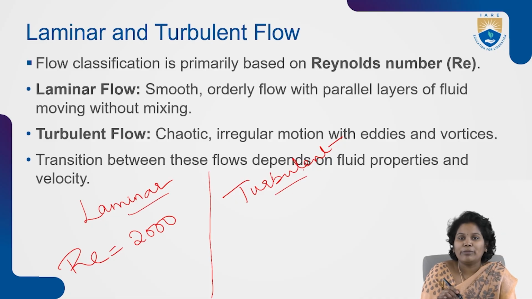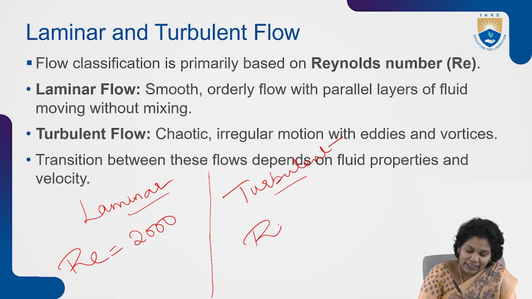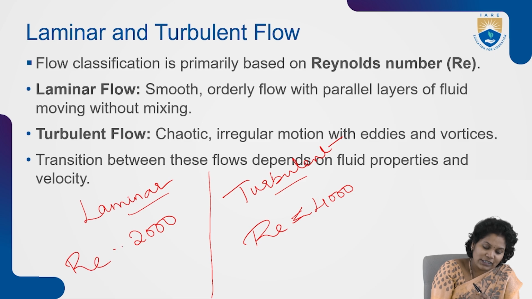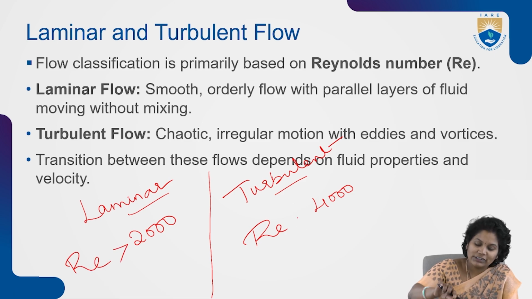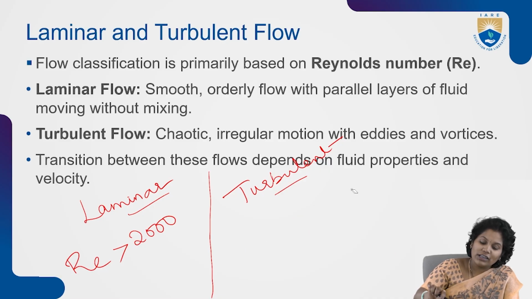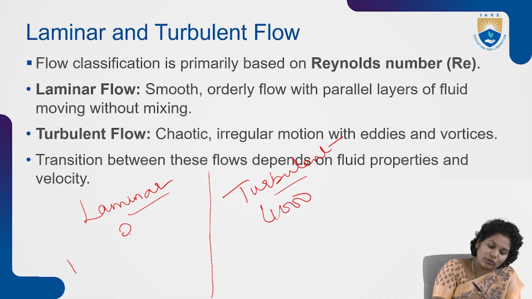But coming to turbulent flow, the Reynolds number is greater than 4000. A Reynolds number greater than 4000 is turbulent flow, and less than 2000 is laminar.